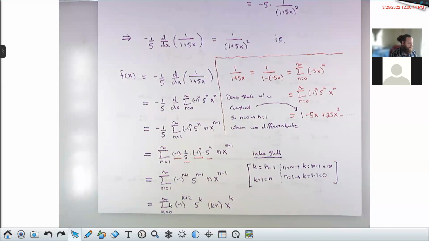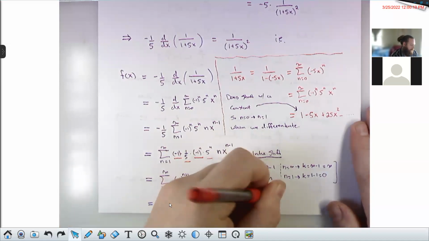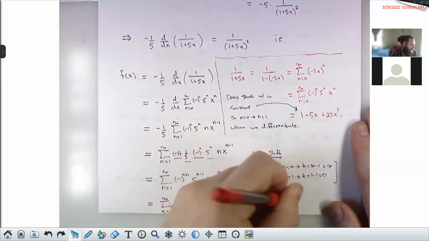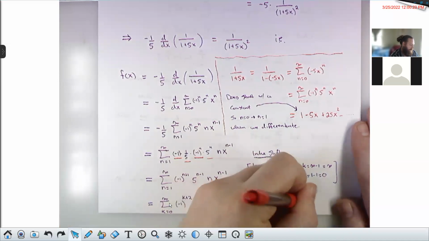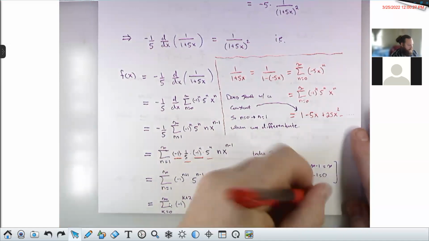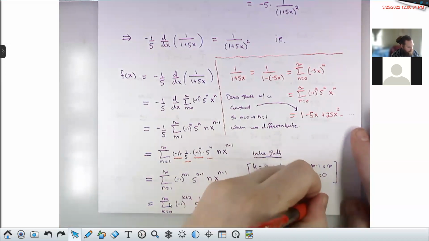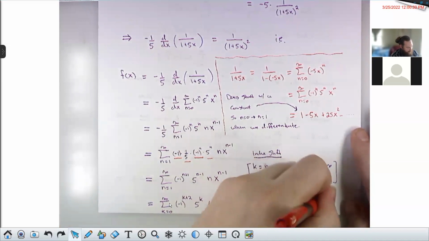A couple other little things we can do here. Negative 1 to the k plus 2 is negative 1 to the k times negative 1 to the 2. And negative 1 to the 2 is just 1. So this is the same as negative 1 to the k.